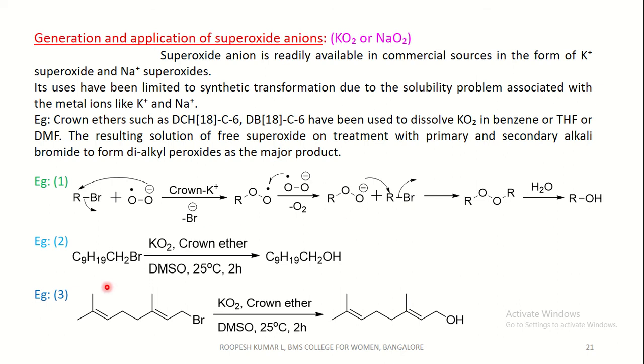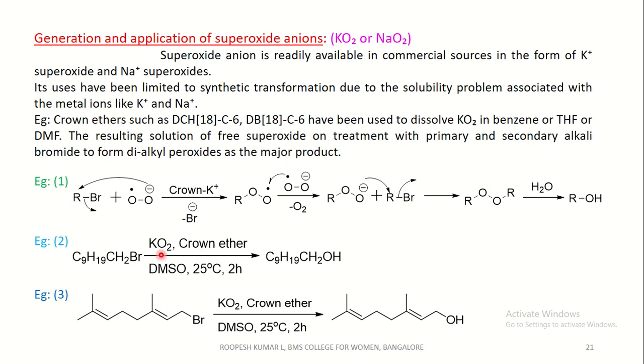And coming to the examples, you can see there is 1-bromodecane. 1-bromodecane reacts with superoxide in the presence of crown ether in DMSO at room temperature for 2 hours. We get 1-decanol.